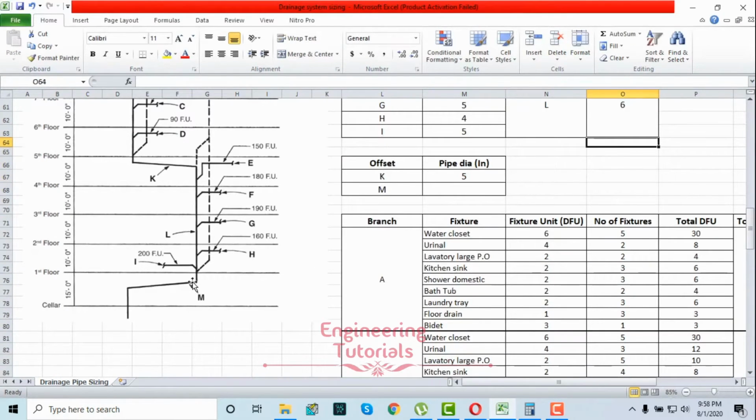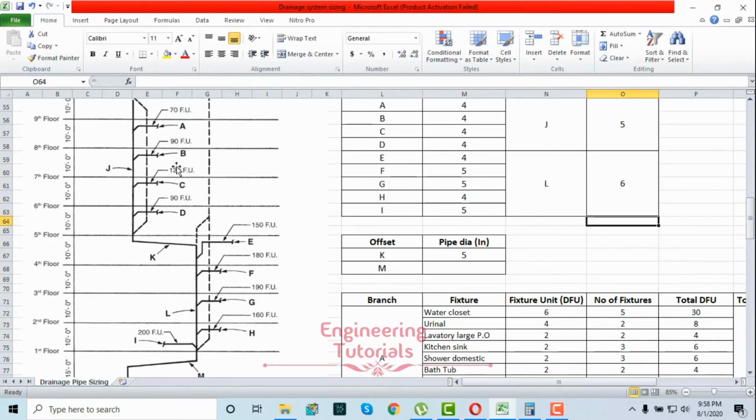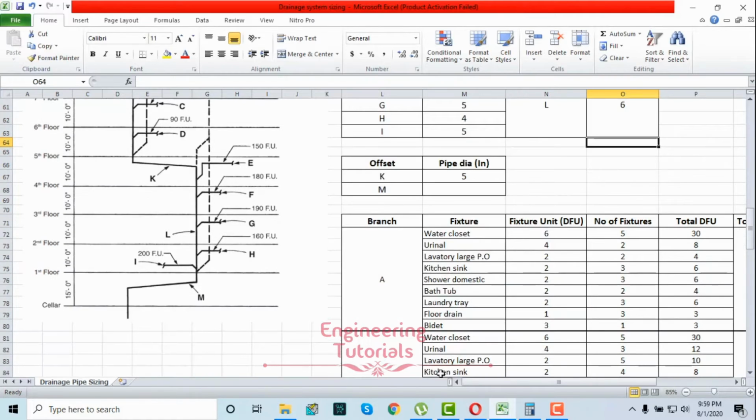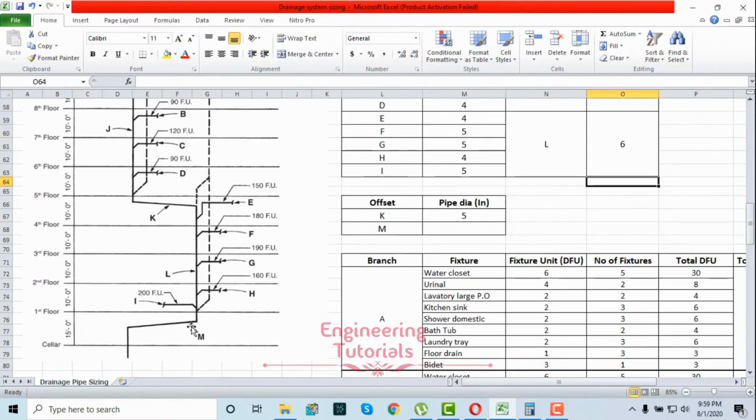And in the end we have to calculate the pipe size for this offset or runout represented by M. The total fixture unit value will be the sum of all branches from top to bottom. We already know that is 1250 fixture units. So this is the runout or offset.